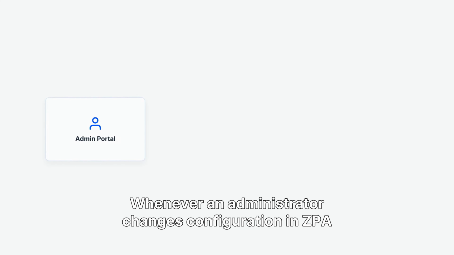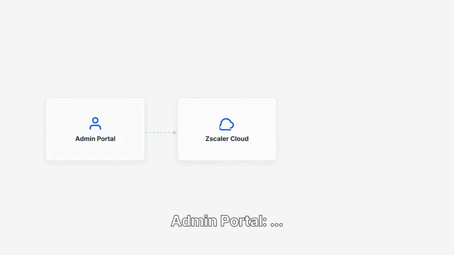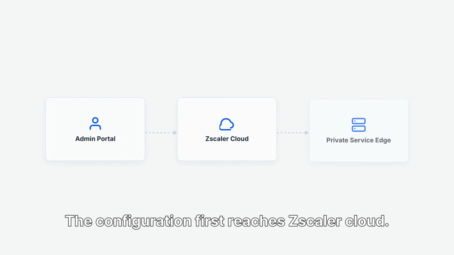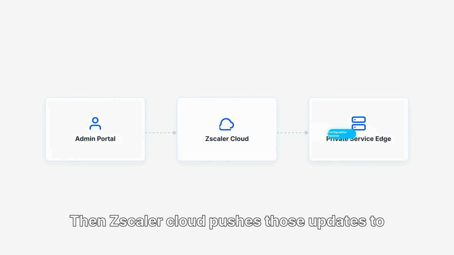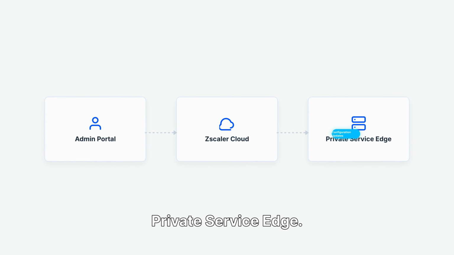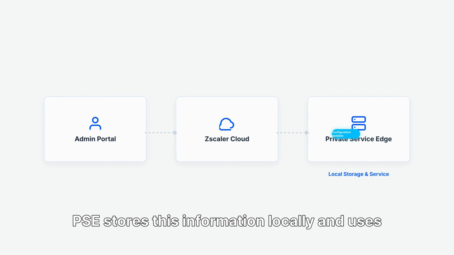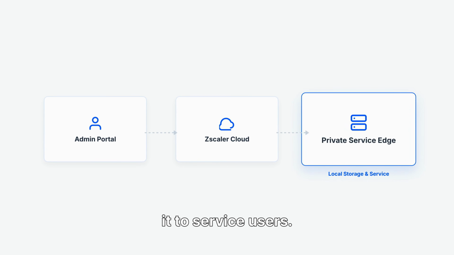Whenever an administrator changes configuration in the ZPA admin portal, the configuration first reaches Zscaler Cloud. Then Zscaler Cloud pushes those updates to Private Service Edge. PSE stores this information locally and uses it to service users.